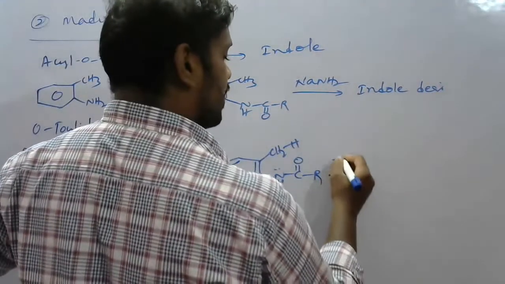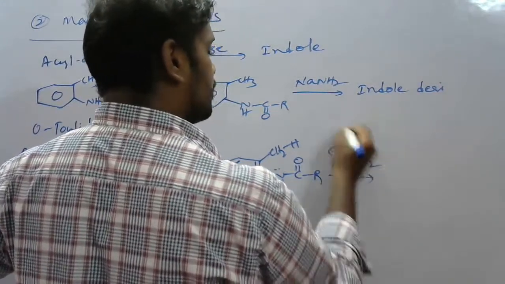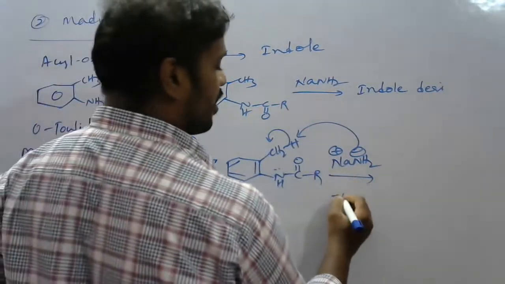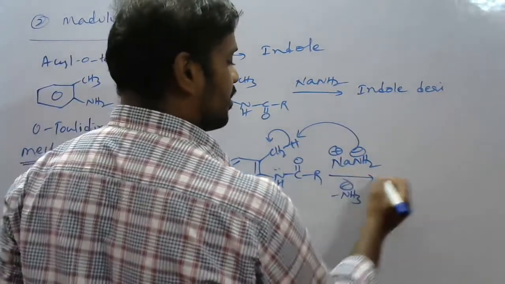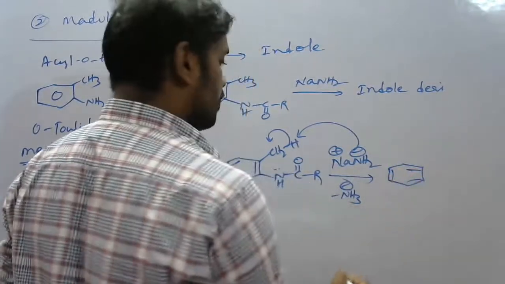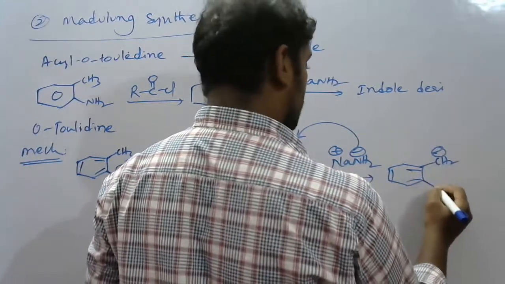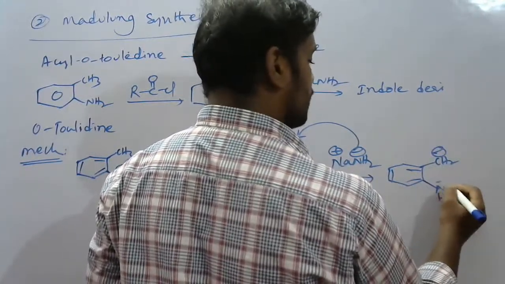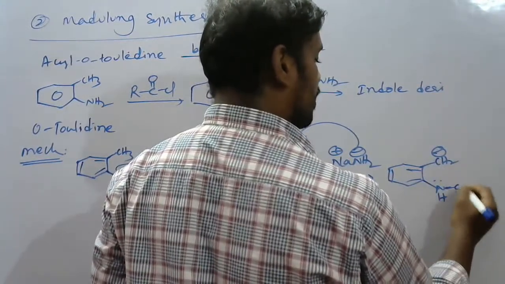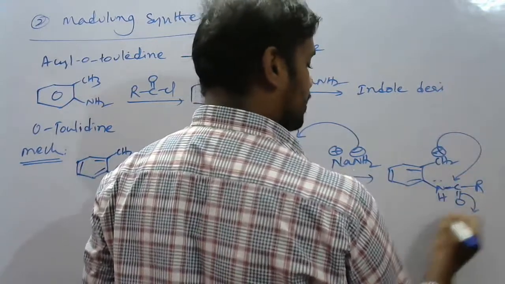These are treated with the base NaNH2, which takes a proton, and the bonding electrons shift. So ammonia is lost and the carbanion is generated, CH2 minus, NH, C double bond O-R. This is the electrophilic center, where nucleophilic addition occurs.